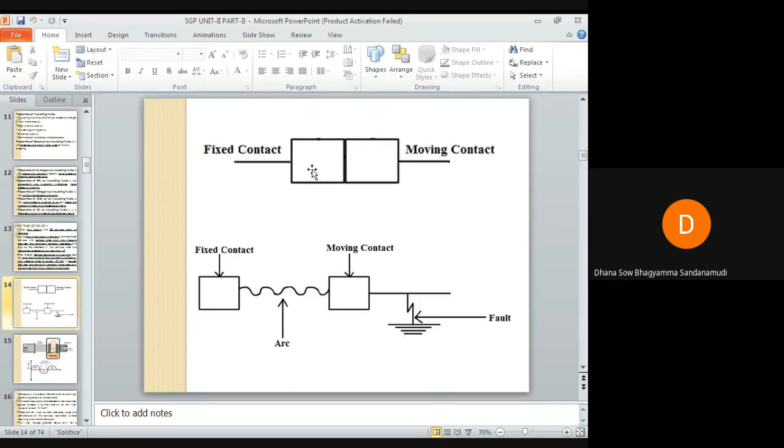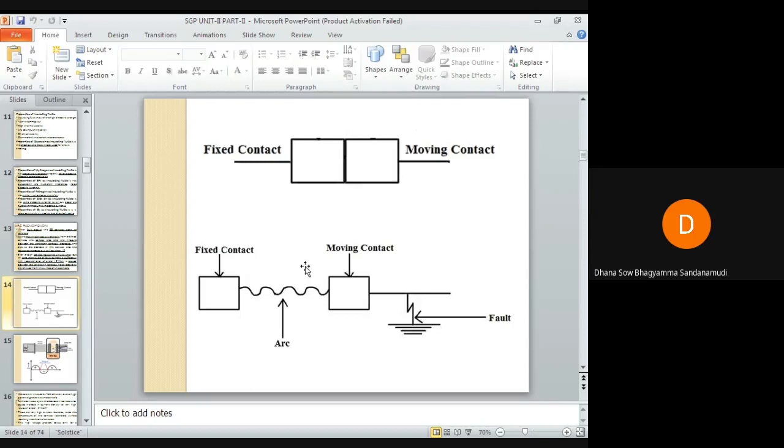The contacts can be opened manually or by a remote control whenever desired. So you can operate it as a switch, as I have told you. Whenever you want, you can either open it manually or with the help of a remote control.